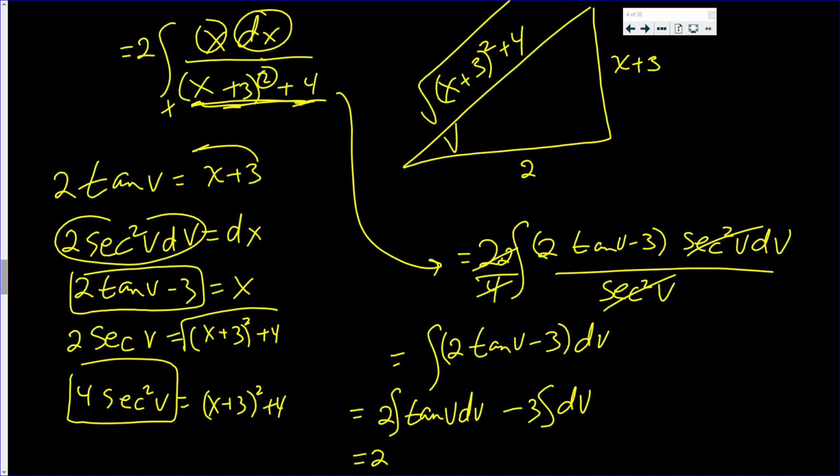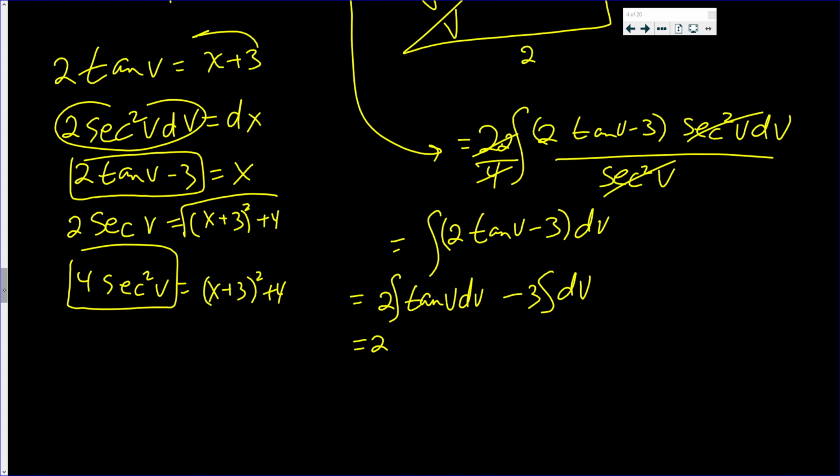The integral of tangent v is negative ln of cosine v minus 3v plus c. Let's not lose that minus in front.